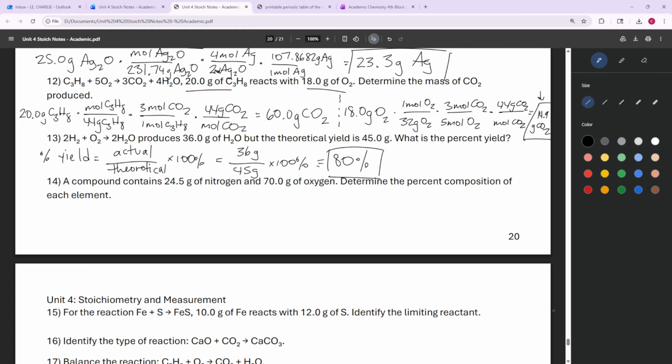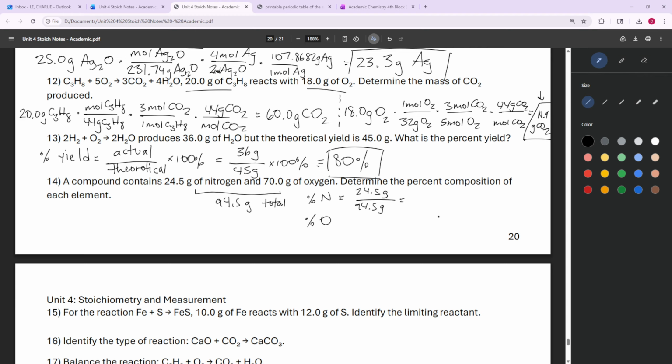The percent composition of each element in this compound, right? So, in total, this compound is 24.5 plus 70, or 94.5 grams in total. So that means the percent composition of nitrogen and the percent composition of oxygen. Well, for nitrogen, it's 24.5 grams divided by the 94.5 grams in total, expressed in terms of a percentage.